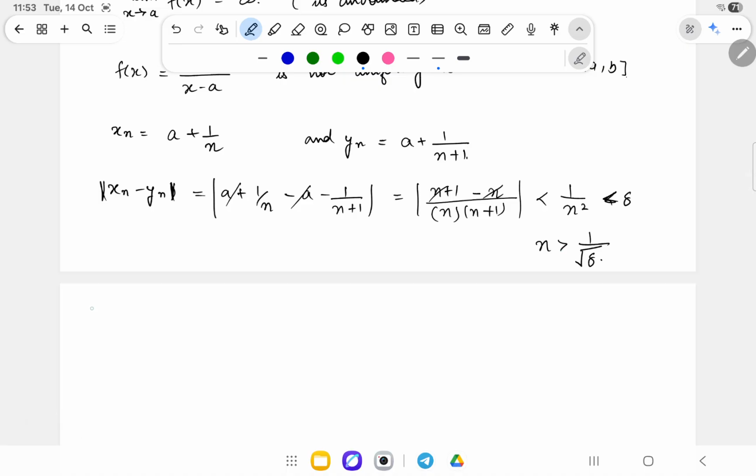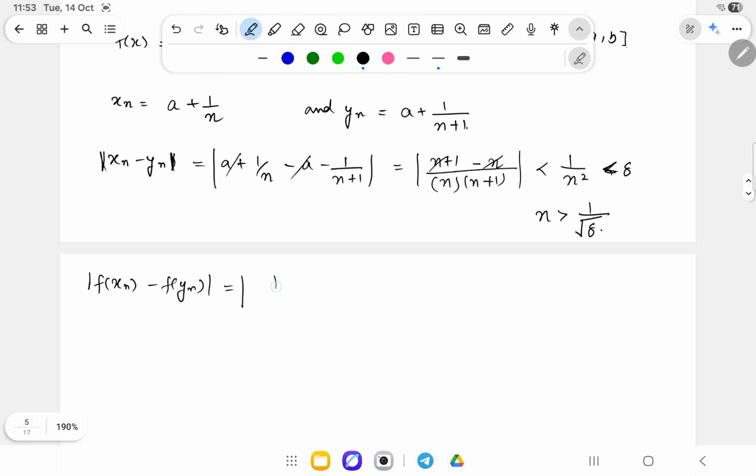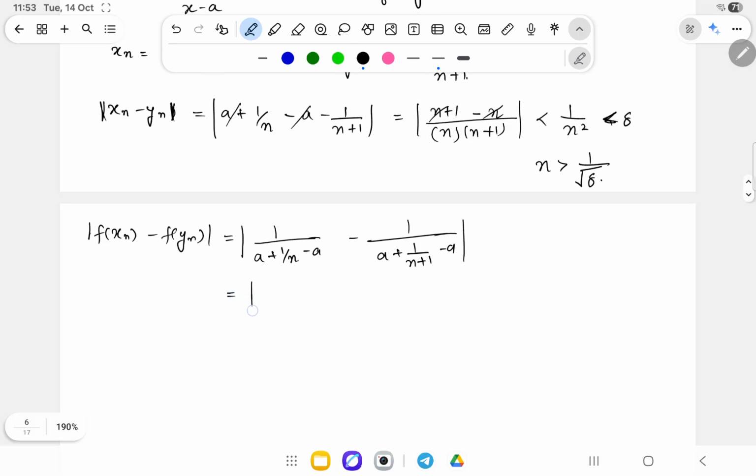Now if I check my f(x_n) minus f(y_n), it will be equal to 1 by (a plus 1 by n minus a) minus 1 by (a plus 1 by (n plus 1) minus a), and that will be equal to n minus (n plus 1), which simplifies to 1 in magnitude, and that is great. If I choose my epsilon equal to 1 by 2, this is greater than epsilon equal to 1 by 2.